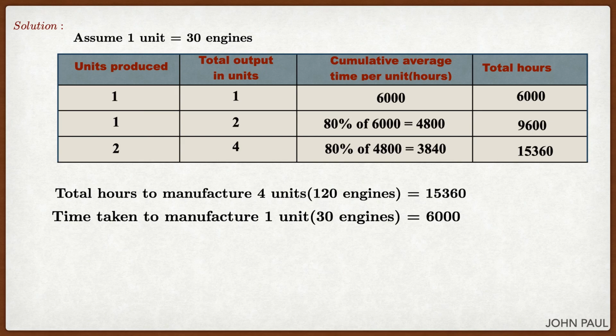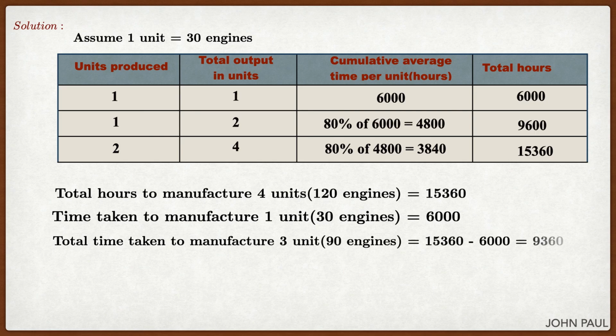We want to find for 90 engines, therefore total time taken to manufacture 3 unit, 3 into 30, that is 90 engines equal to total of 4 unit is 15,360 minus 1 unit is 6000. It gives 9,360 hours.